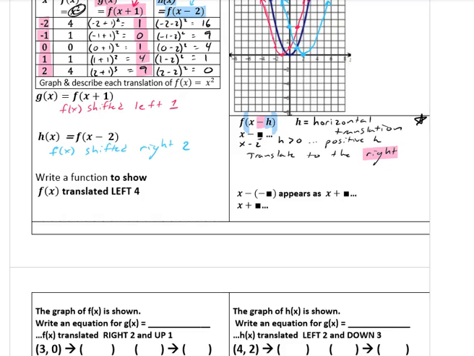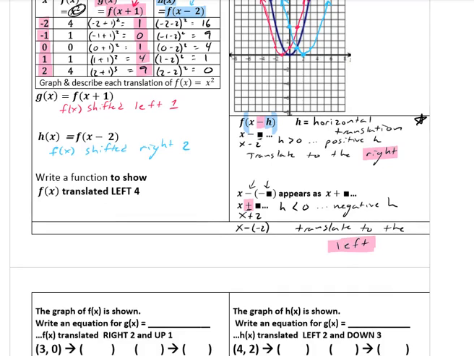But if you see something with x plus, that actually means a double negative. So for example, if you saw x plus 2, that would actually mean you had x minus and you plugged in a negative 2. That would make h less than 0, which makes it negative h. So that would be translate to the left. So if you see a positive sign, it's going to go to the left.